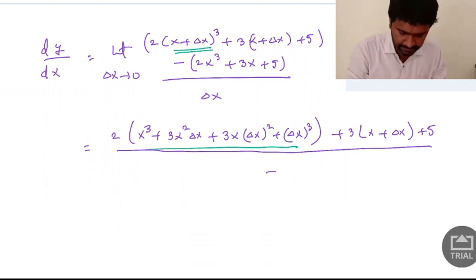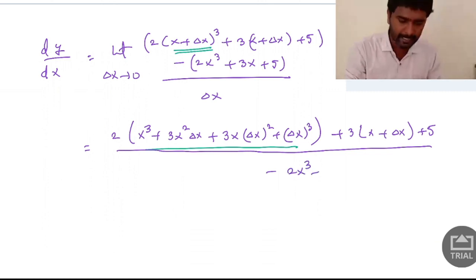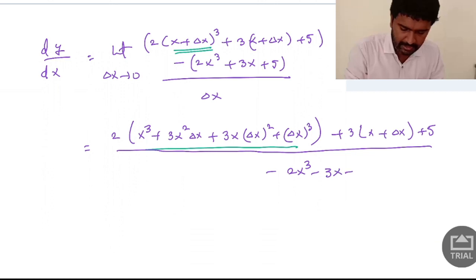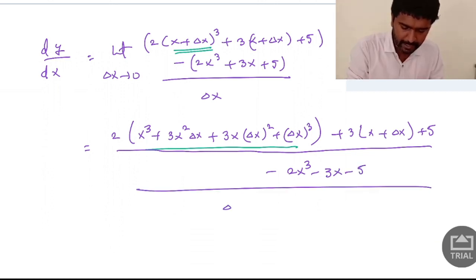So minus this part. That is 2x power 3 minus, I am multiplying by minus, 3x minus 5, by delta x. Let us even multiply here.